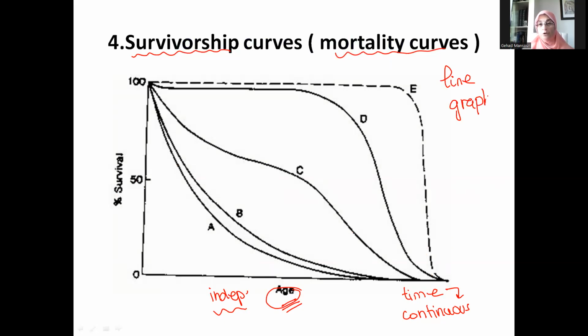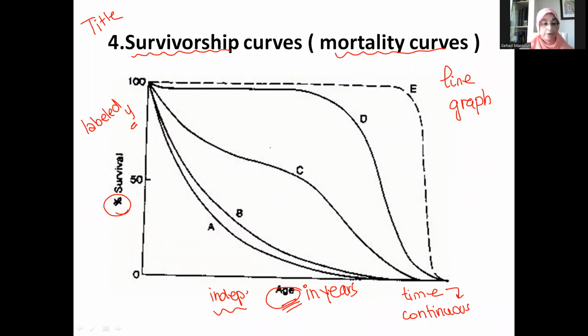Notice how you can draw a good graph by having a title and by labeling the y-axis, and if there is a unit, you put a unit, but here it's a percentage, so it's a ratio. And here, for example, we can say age in years or age in days or age in months, depending on the type of the organism and the length of its life cycle.